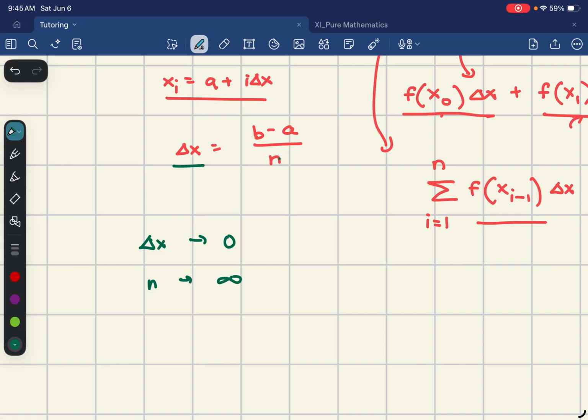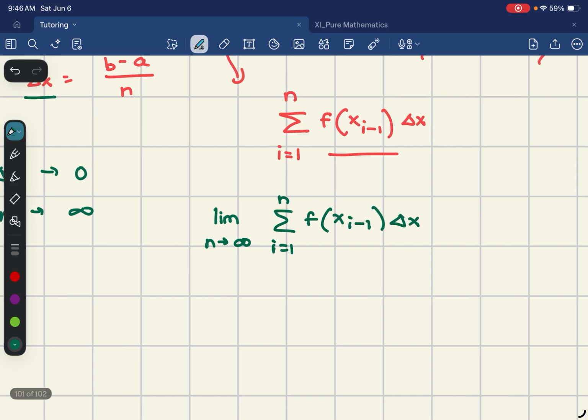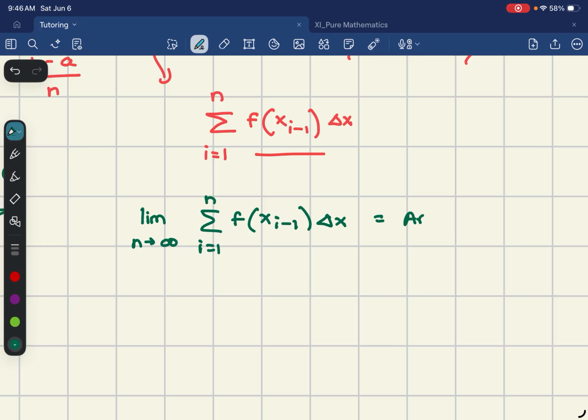So if n tends to infinity, then my width becomes smaller and smaller. So I need to take many, many rectangles of infinitely small widths. So if I take the limit as n tends to infinity of this expression, the sum from i equals 1 to n of f of x sub i minus 1 times dx, that is going to be the area under the curve.